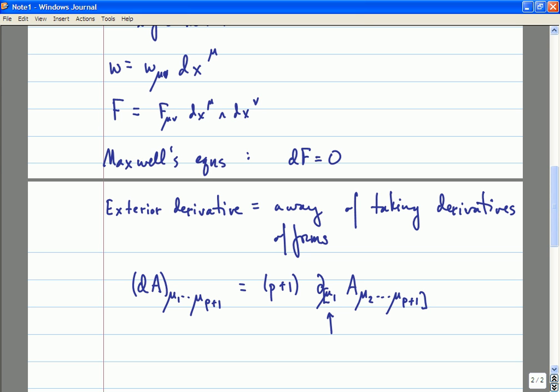And so what you find is that if you are willing to restrict your attention only to anti-symmetric tensors, namely differential forms, you can take derivatives in a way which is completely consistent with coordinate invariance and gives you another differential form. So that means that if you use the language of differential forms and the exterior derivative as we have defined it here, you can actually formulate laws of physics in a coordinate invariant manner.